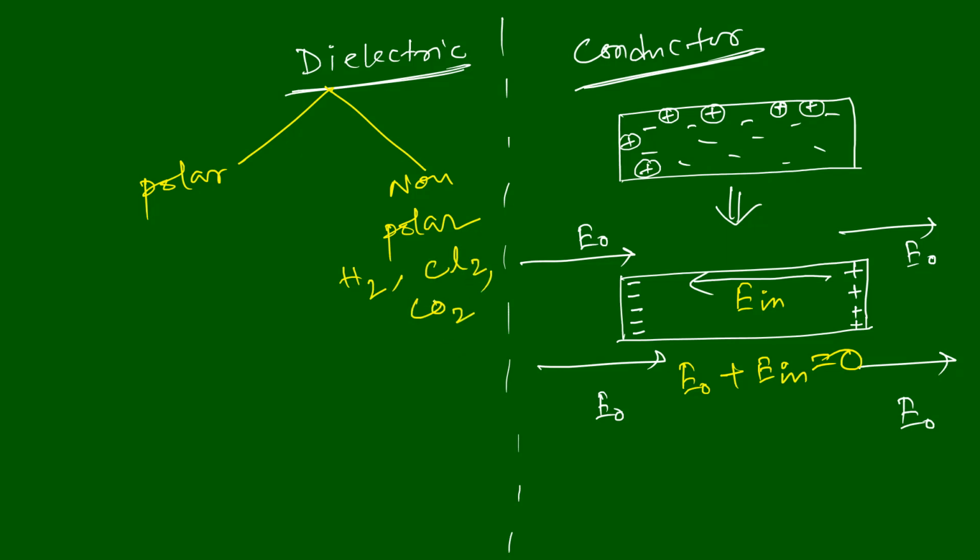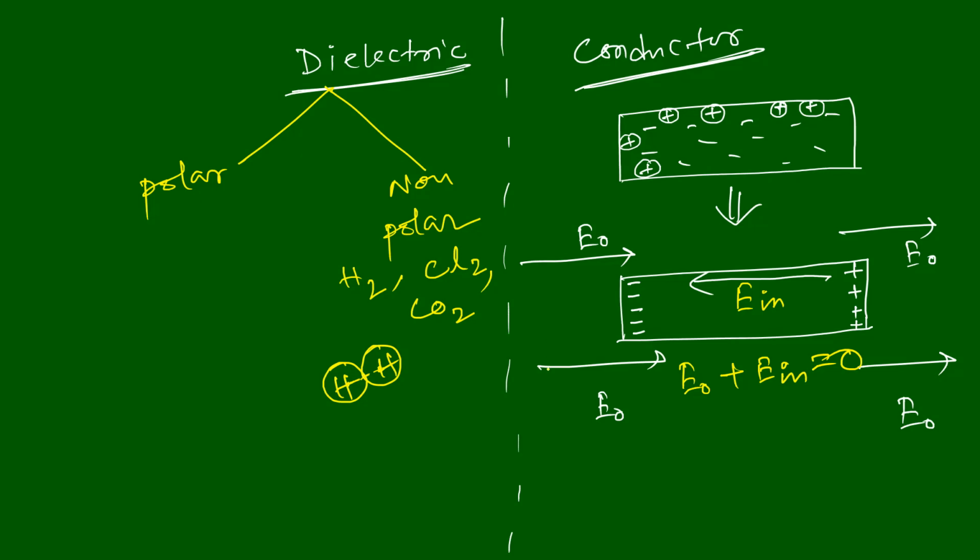That kind of molecules are known as non-polar molecules, or they behave as a non-polar dielectric. Why? If we see the diagram of H2, it looks like that. Now there are two hydrogen atoms. This is one hydrogen atom, this is another hydrogen atom. Their centers are coinciding with respect to each other.